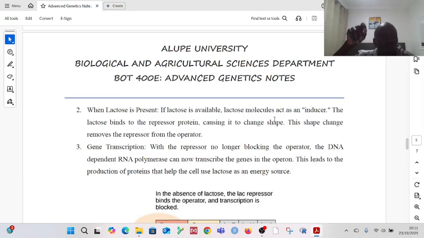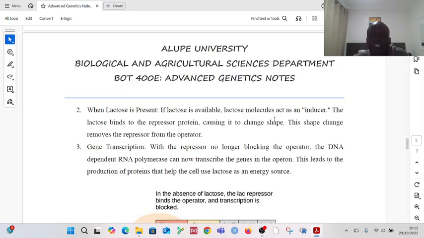That is why the lac operon was off in the first place. But once the lactose molecule has bound to the repressor, the repressor changed its shape, which led to its removal from the operator. Once the repressor has left the operator, the DNA-dependent RNA polymerase can now move and transcribe the genes within the operon.